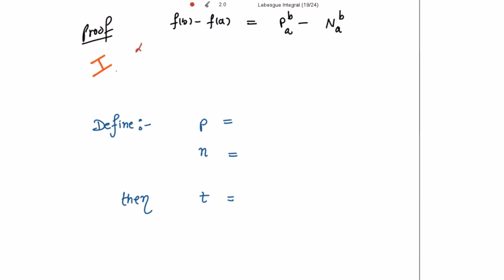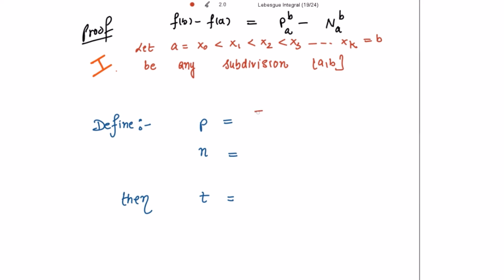So for this, let's take a equal to x0 less than x1 less than x2 less than x3 and so on up to xk, which is equal to b, to be any subdivision of the closed interval [a, b].